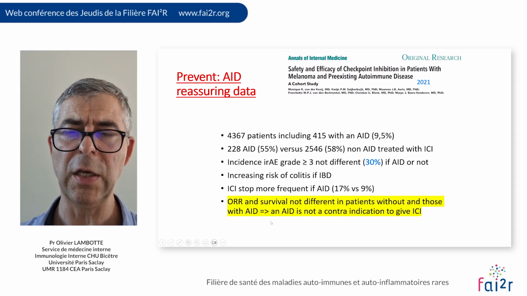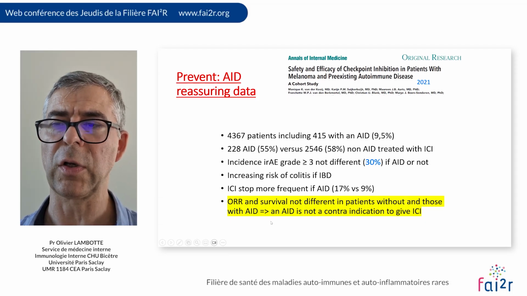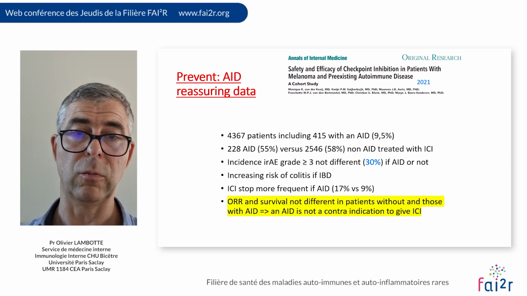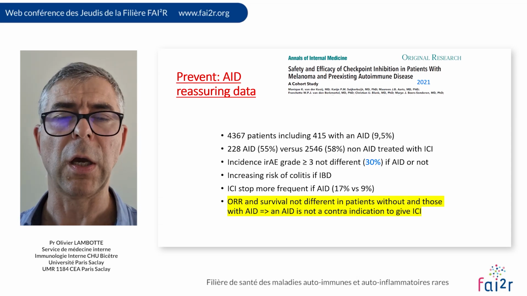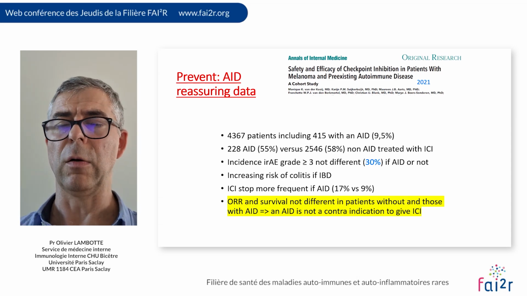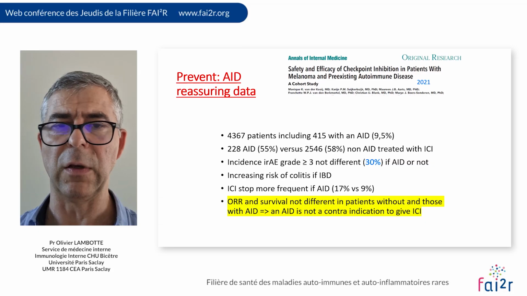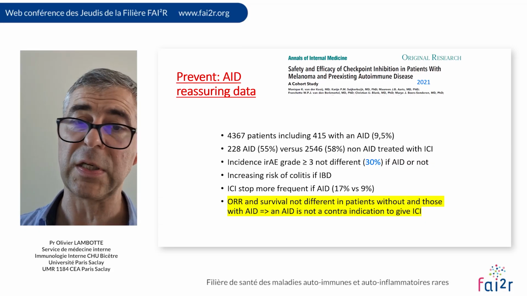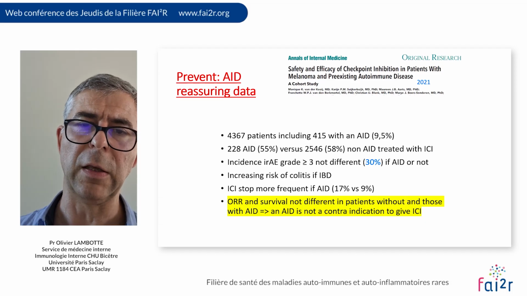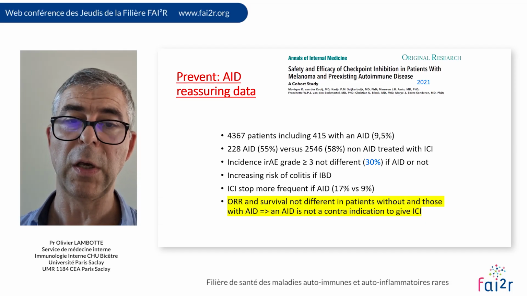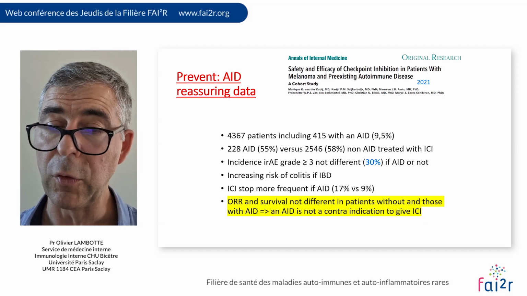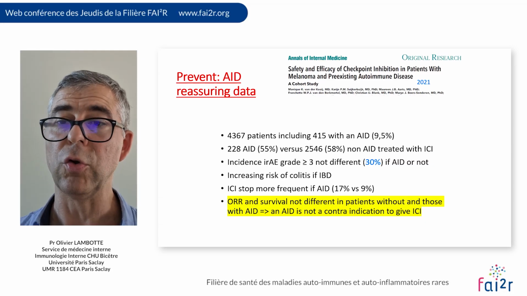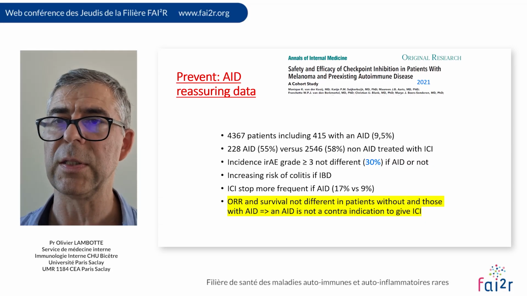So clearly today, an autoimmune disease is not a contraindication to receive an immunotherapy. Of course, you can discuss that in the toxicity board, which is a very important tool, but we cannot refuse access to this treatment just because there is an autoimmune disease.